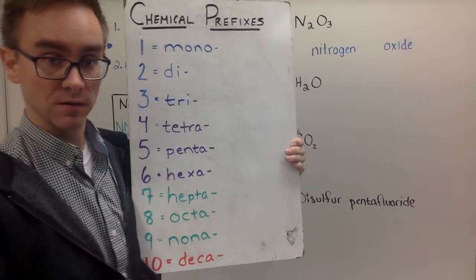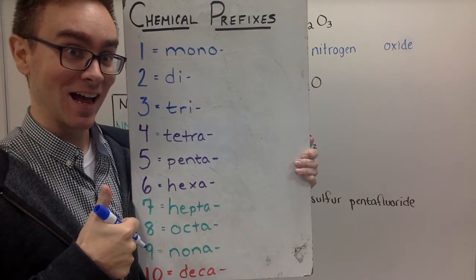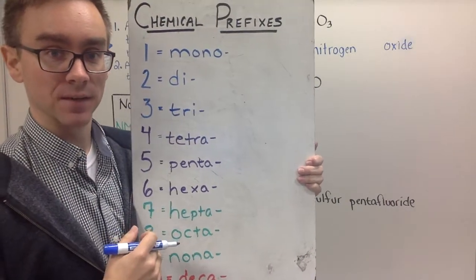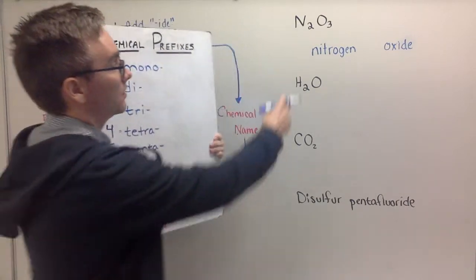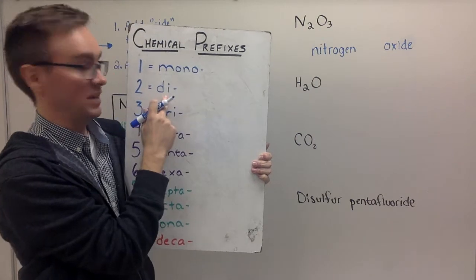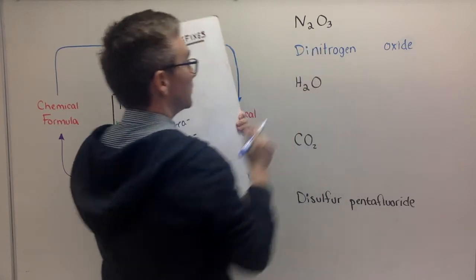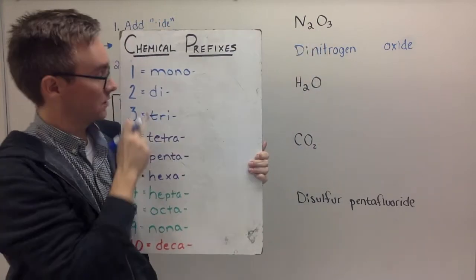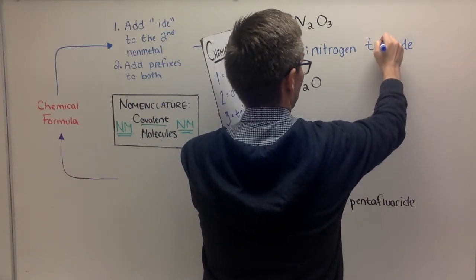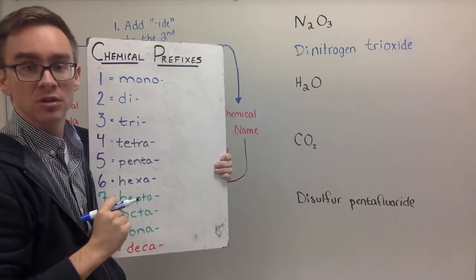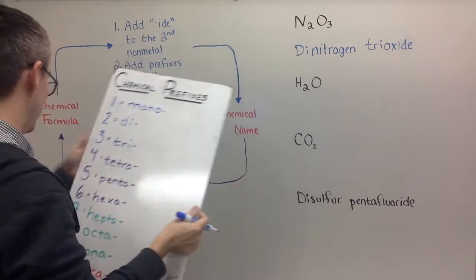If you want to pause real quick and put this in a side column, go right ahead. Okay, good. Now you can copy this down. So I have to add the prefixes. These go at the beginning of the word. So nitrogen, we have two nitrogens. Two means di. So that means we have dinitrogen. And we have three oxygen atoms. Three is tri. So what we have there is dinitrogen trioxide.